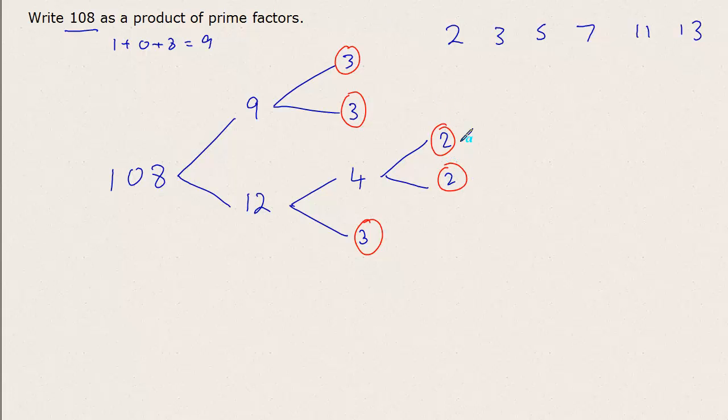So these are primes, so I'll circle those. So I now have that 108 is equal to 2 times 2 times 3 times 3 times 3. That's expanded form, and if we wanted index form, that's 2 squared times 3 cubed.